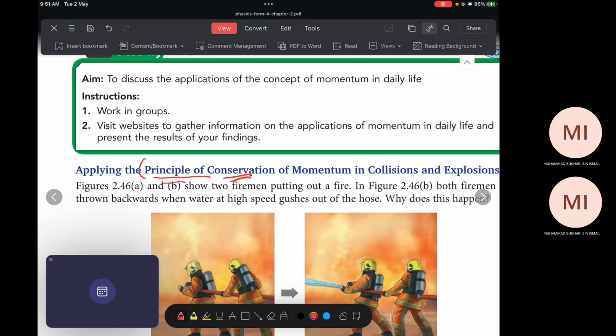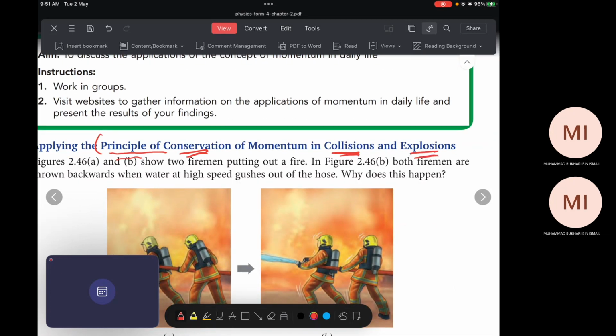The total momentum doesn't change before and after collision. Because we are talking about collision and explosion. Ada dua benda we need to discuss here, collision and explosion. So before collision and after collision, the value of momentum is the same. That is what meant by conservation. You faham tak? Also for explosion.